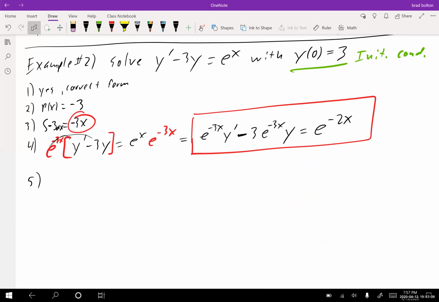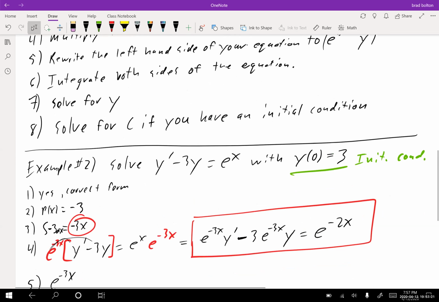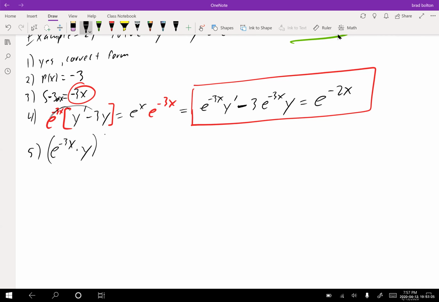So what you're gonna do is you're gonna say e to the -3x. It says write it as e to the whatever you got from the integral of p of x, times y. And then you take it and you put it to the prime. And you're saying that that entire thing is the left-hand side, okay?